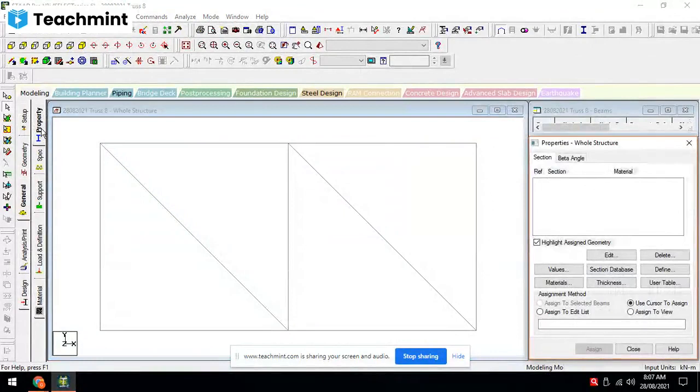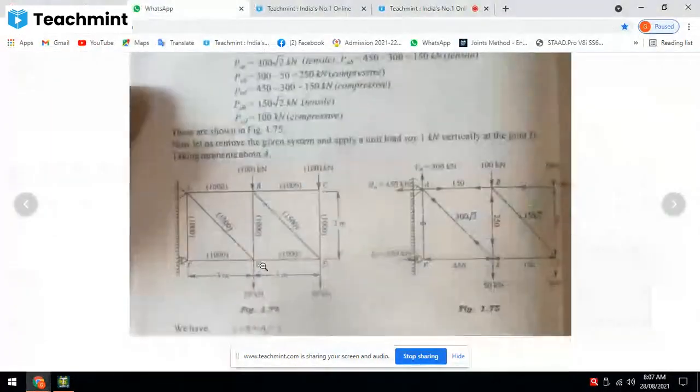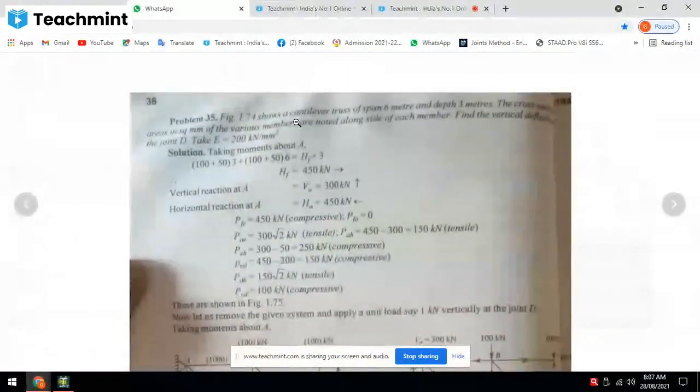Then I will go to the property. The most important thing here is to check the cross section given in the numerical.